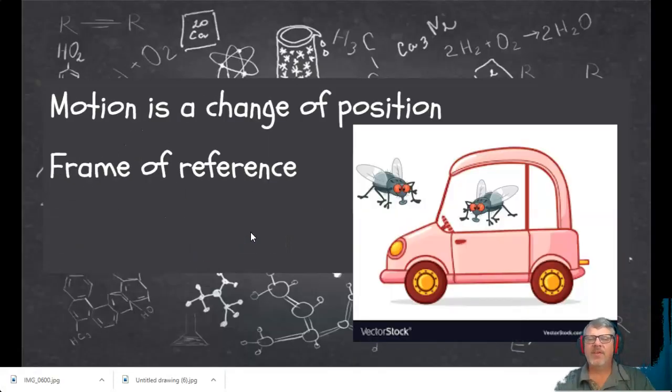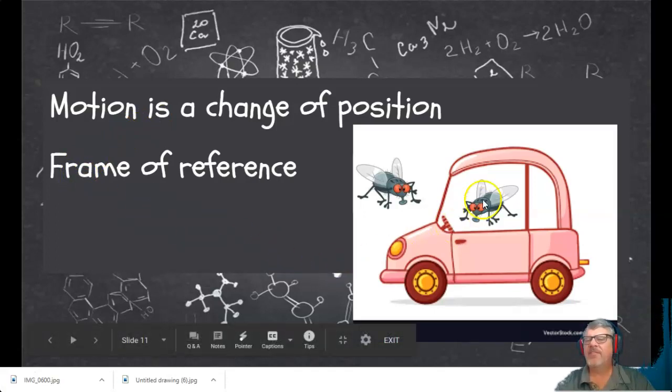The next part of the lesson, they're going to start talking about what motion is, and they want a good definition of motion. The definition they come up with is motion is a change of position, and they talk about it as a frame of reference. So I have two different flies. I have one fly that's riding inside the car, and I have one fly that's outside of the car. If this fly is looking inside the car at the steering wheel, and you ask the fly if the car was moving, he would not notice the car was moving because his frame of reference is inside of the car.